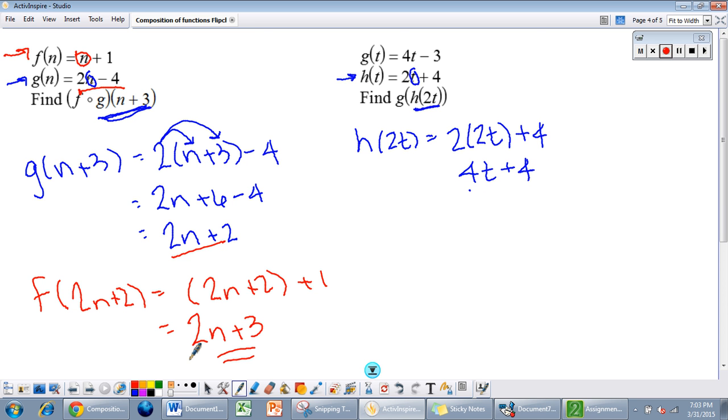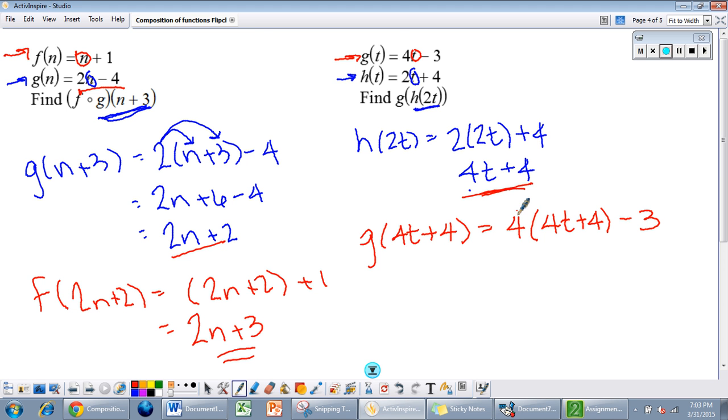And now that we have this answer, the output now becomes the input to your g function. So let's write that. g of 4t plus 4 equals 4 times, again replacing just the t with 4t plus 4, minus 3.